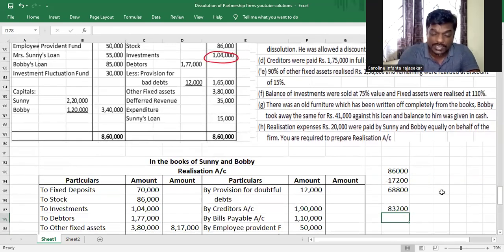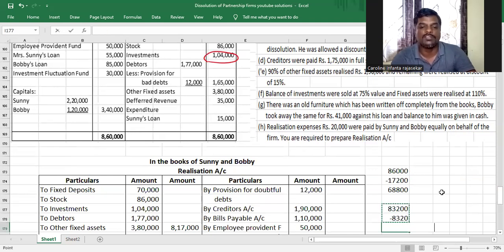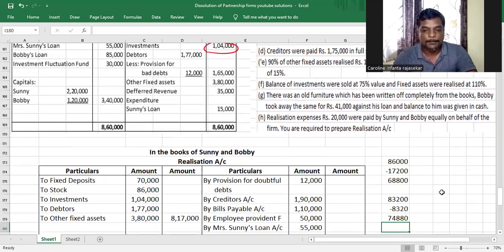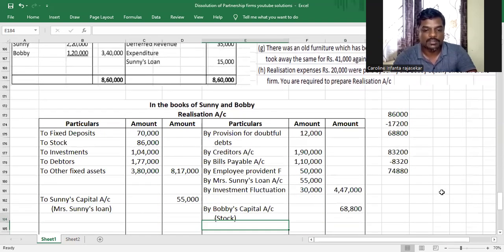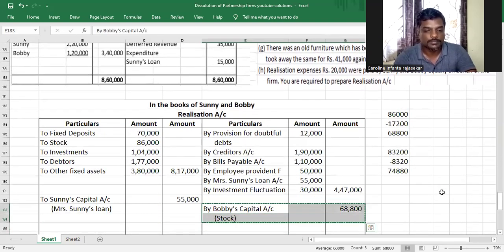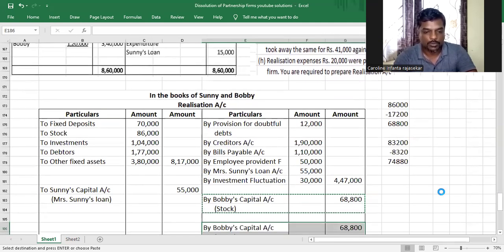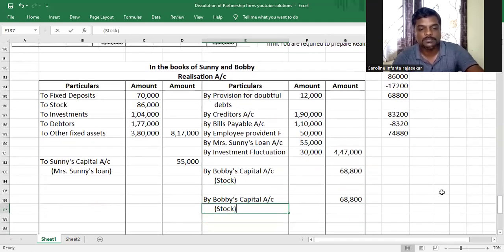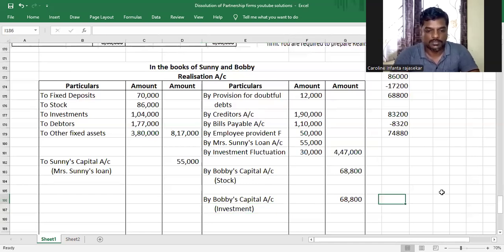So he took it at 10% discount. 10% discount is 8,320. So the value for which Bobby took over the investment is 74,880. So let's record that also here. Investment 74,880. So that one is done.